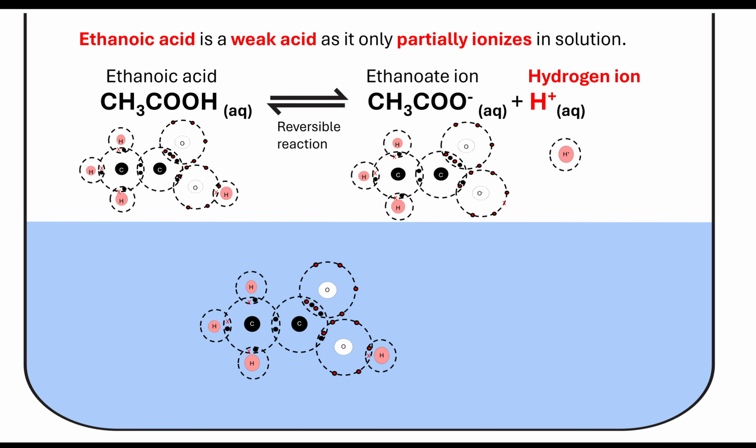It will only partially ionize. For every 100 molecules of ethanoic acid, only one of them will actually release the hydrogen ion. And therefore, because of that, this is what makes it a weak acid.